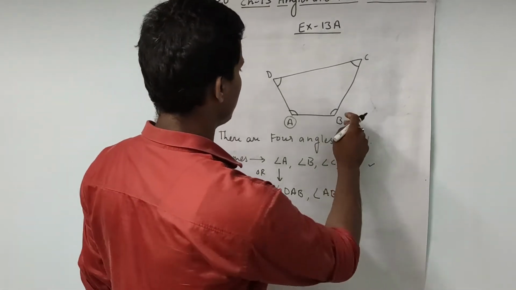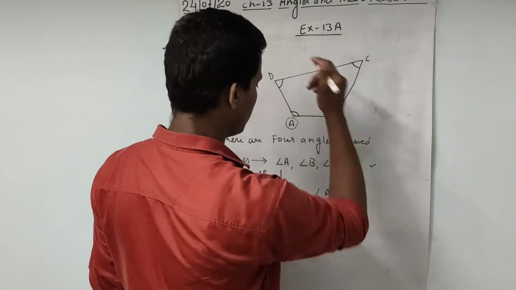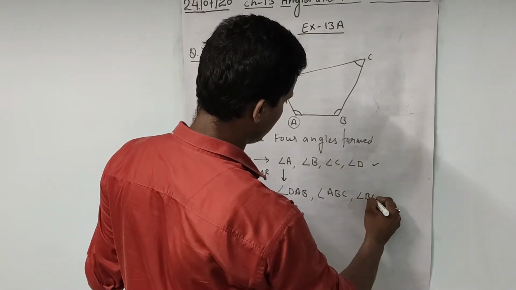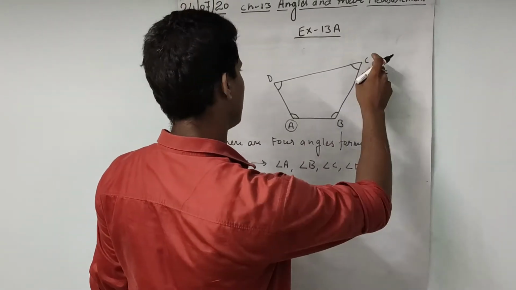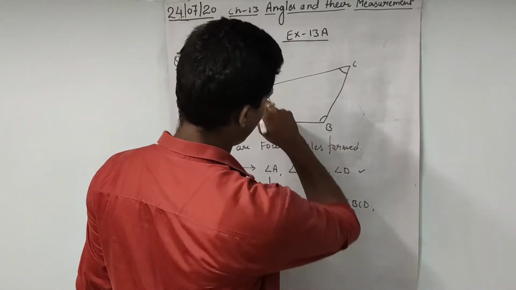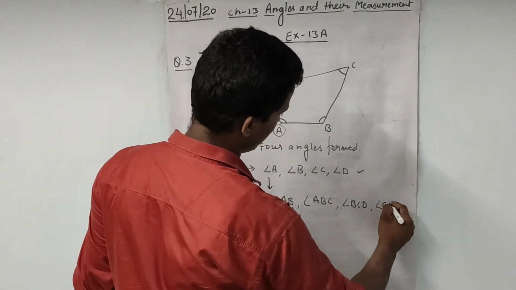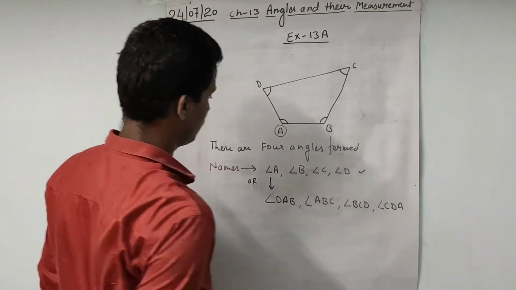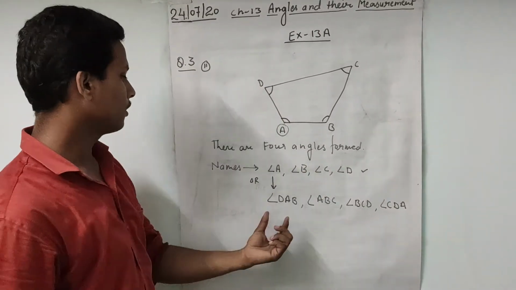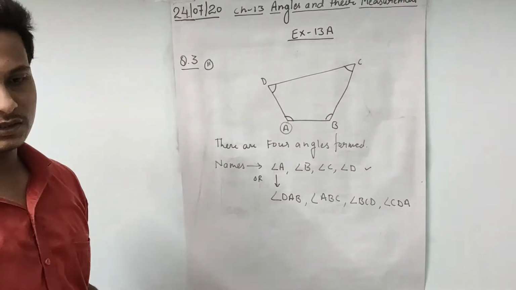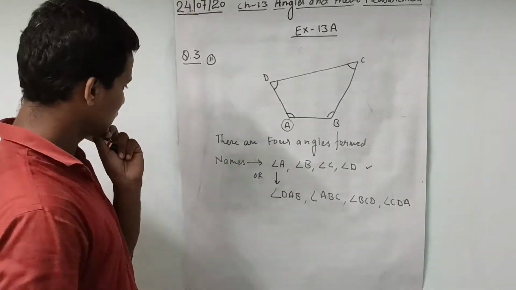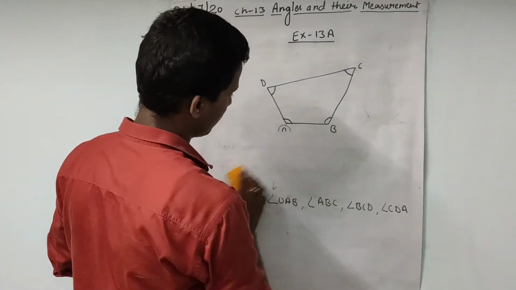Third, for C, angle BCD, and for the last one, CDA or ADC. You can write this directly or you can write this also. This is the second part of question number 3.